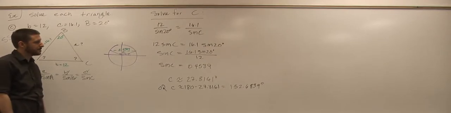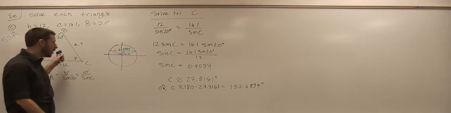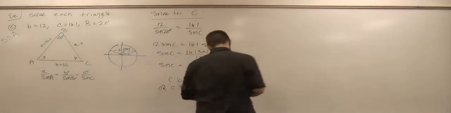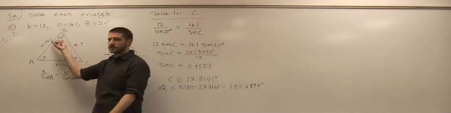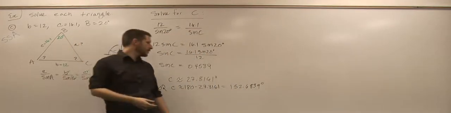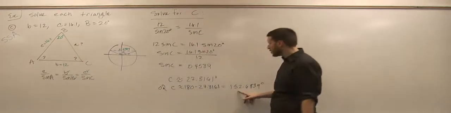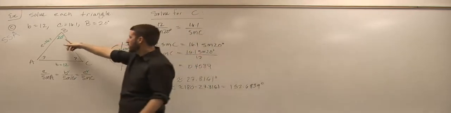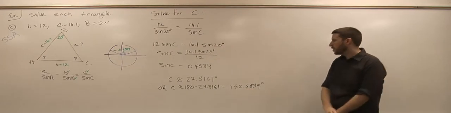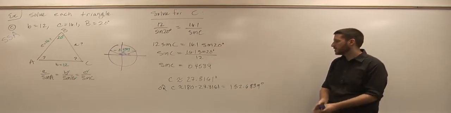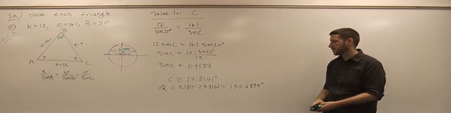152.6839. Good. Now, do both of these work in our original triangle? Yeah, the only measurement we have so far is 20 degrees. Right? And if you add 152 to 20, you're under 180. 152 plus 20 leaves us at 172, which is under 180.